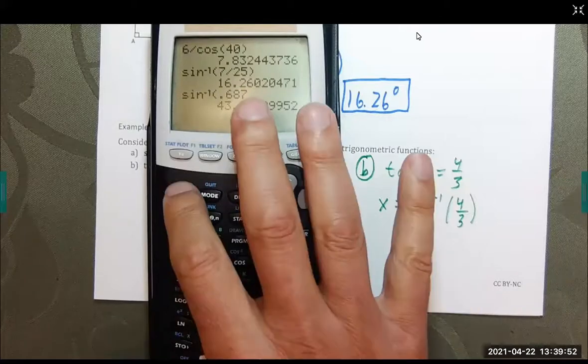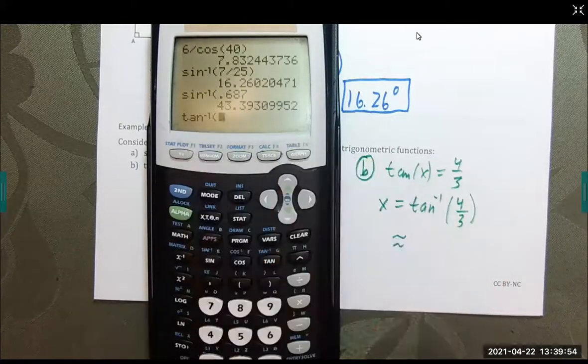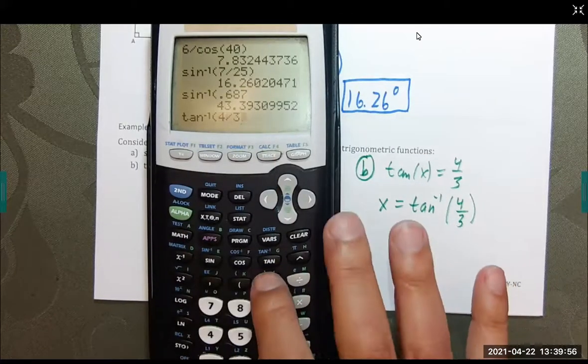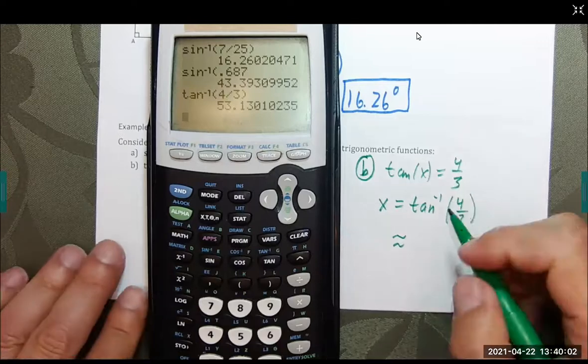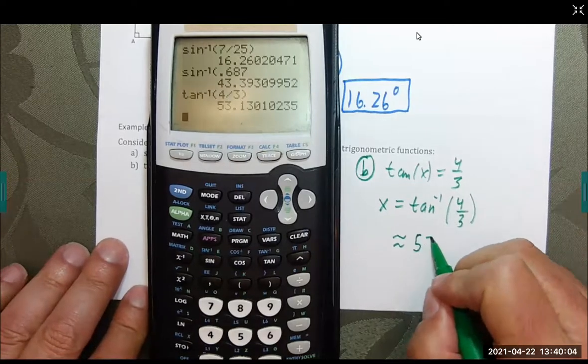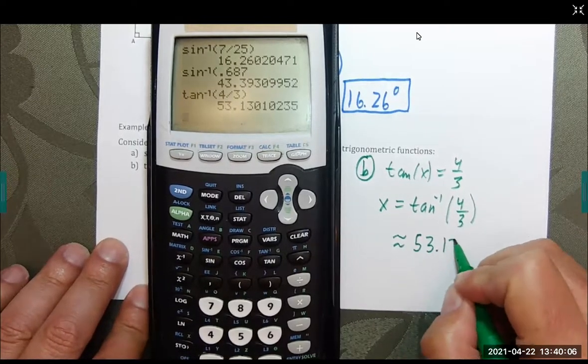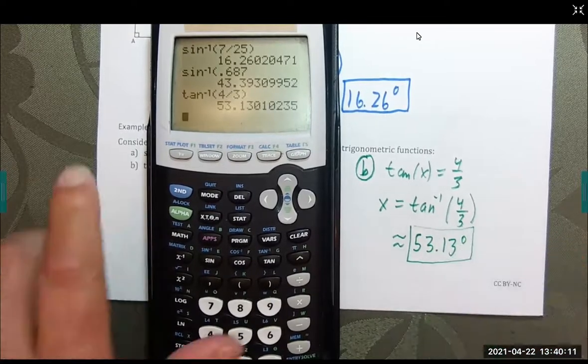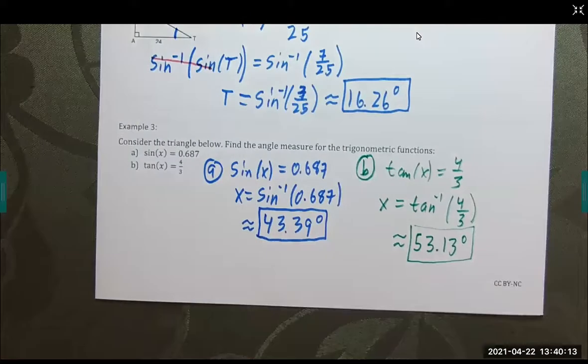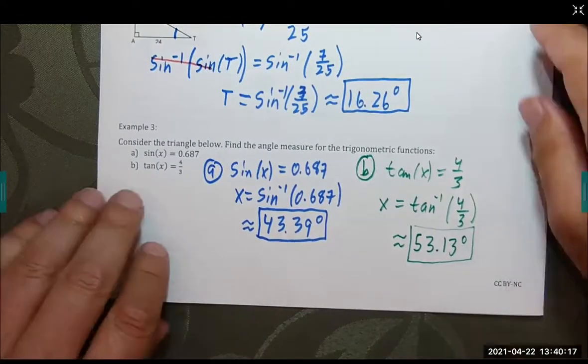So second tangent is my inverse tangent of 4 divided by 3, giving me 53.13 degrees. So it's not hard, especially when your calculators do all the work for you.